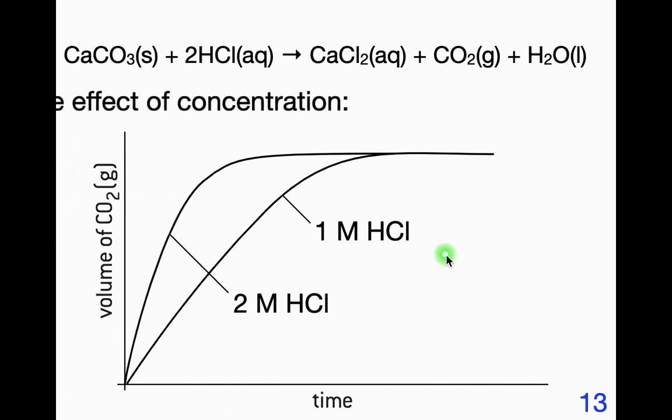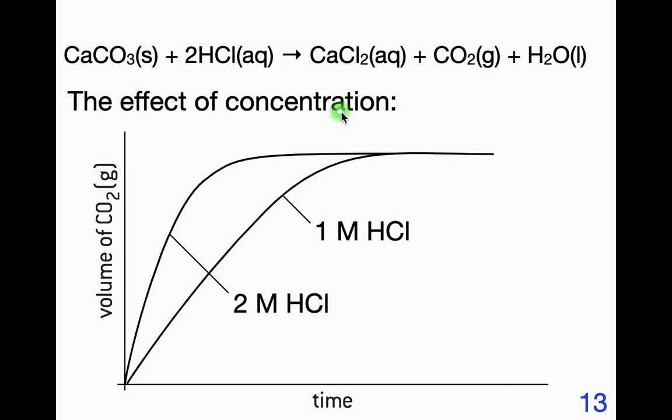Okay, now let's look at the effect of concentration. It'll be the concentration of hydrochloric acid, so we're changing that. But again, it's still the volume of carbon dioxide gas that we're looking at as time goes by. So again, let's pick time t, draw a line to represent that, and we can see that at the higher concentration, we produce more carbon dioxide gas than at the lower concentration.